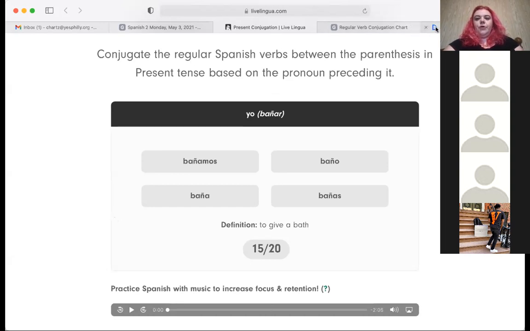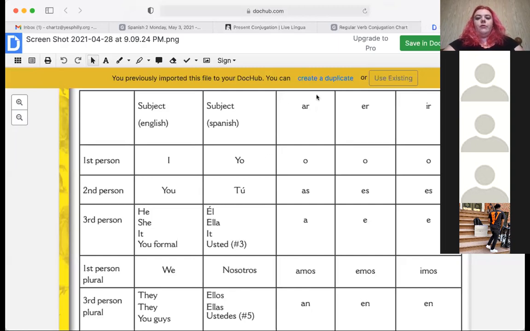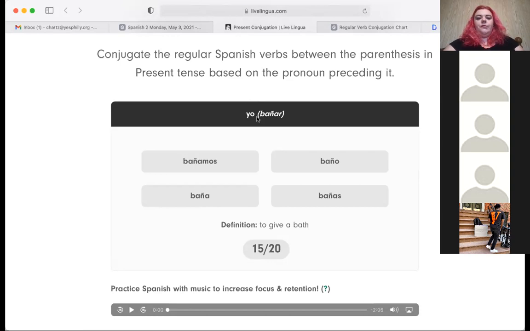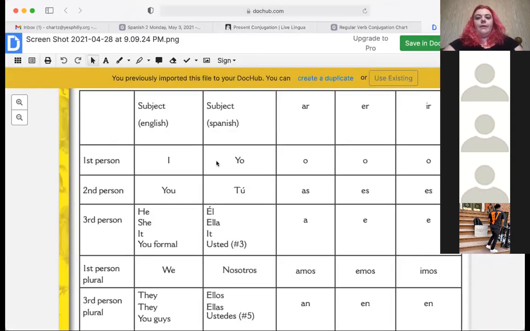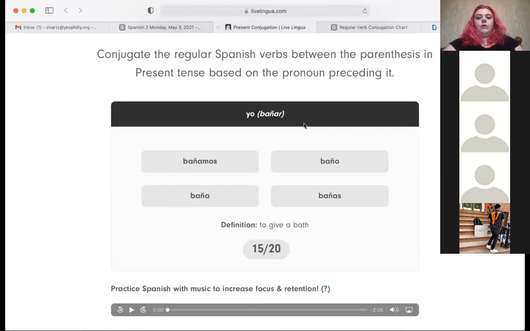Well, let's go over to our chart here. It's an AR verb, and our subject is yo. So we're going to look for that. Here it is. It's an AR verb, so we're just going to go over here, and it's an O. So it's going to be baño. Okay.